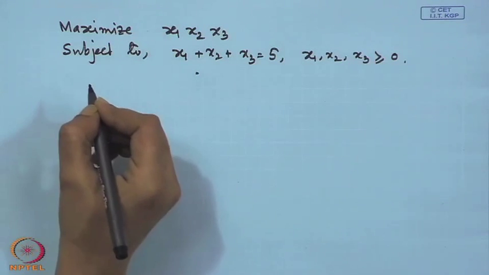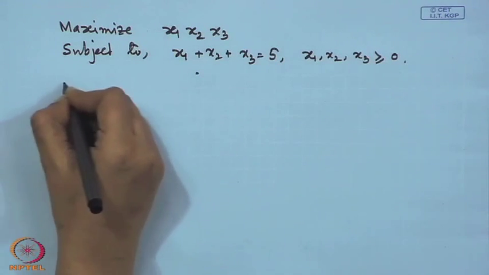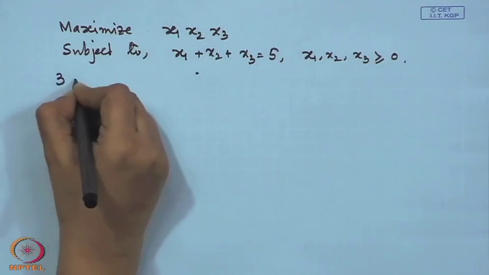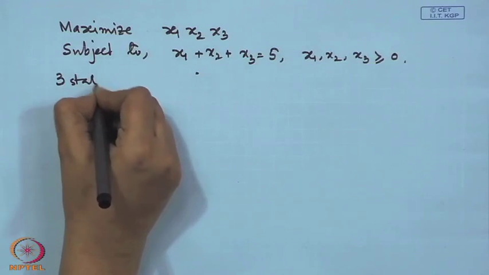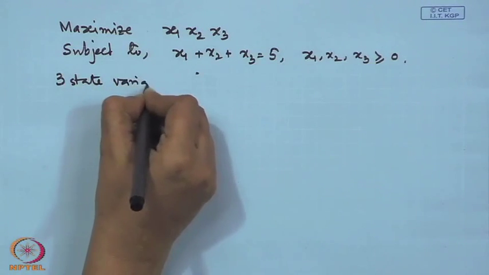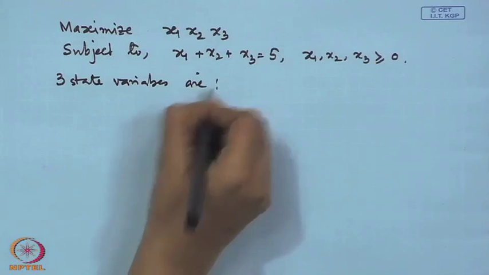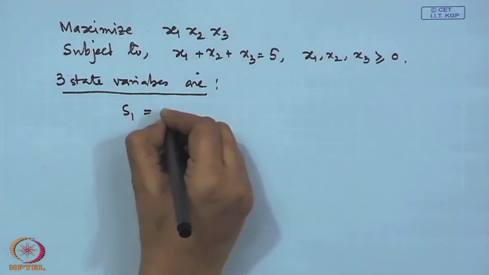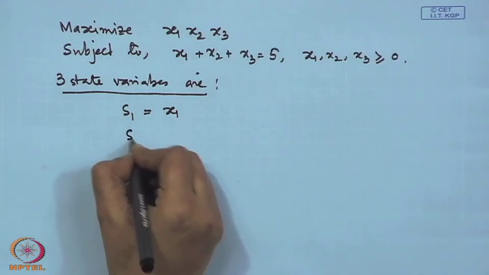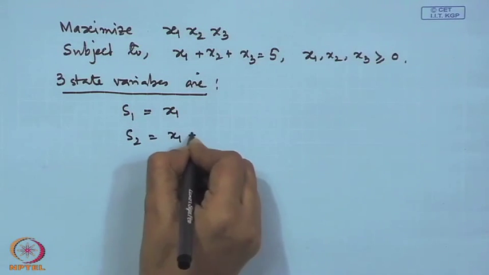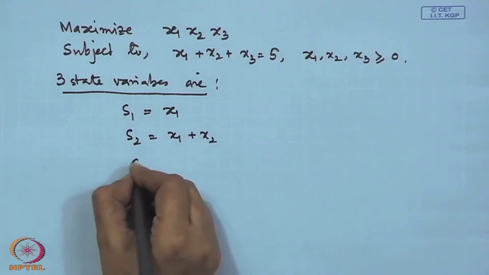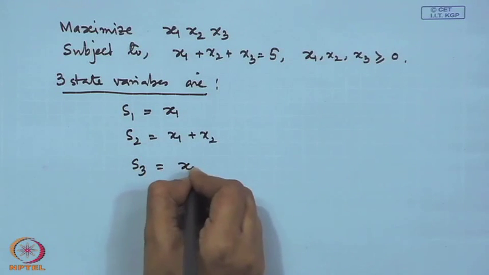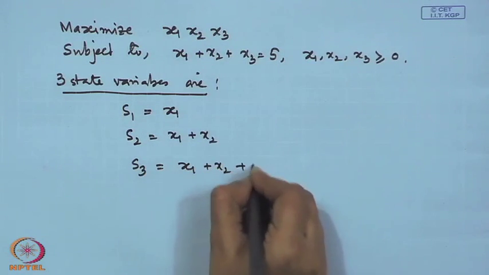For that we need to consider the state variables. Therefore, let us define 3 state variables as S1 equal to x1, S2 equal to x1 plus x2, S3 equal to x1 plus x2 plus x3.